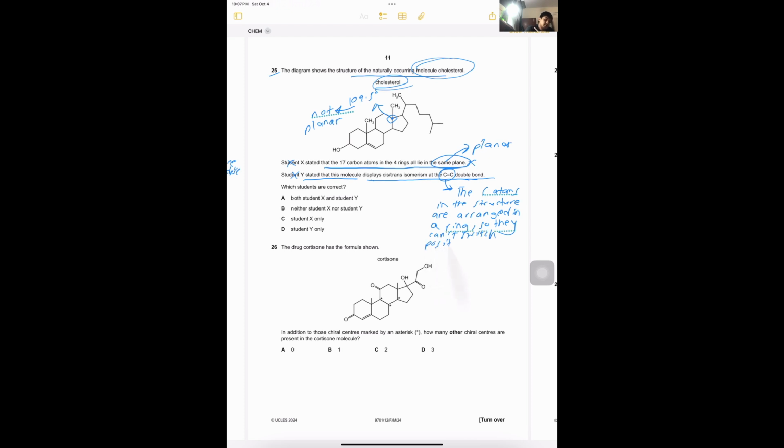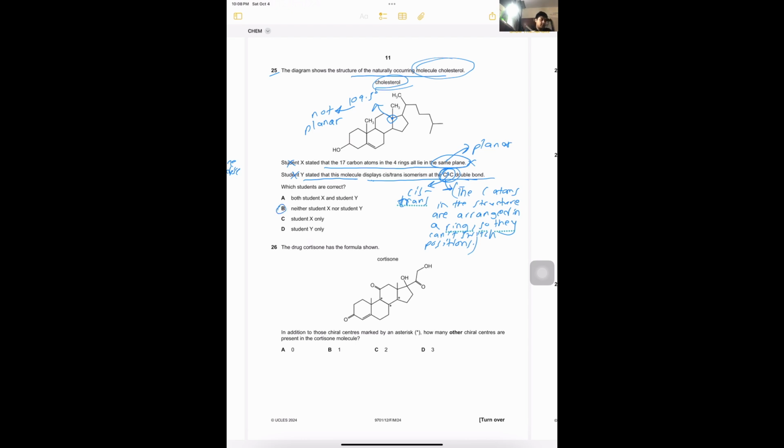So they're fixed in their positions. Even though there are double bonds, they cannot rearrange themselves for cis-trans. Remember this theory, this is one theory you might need in more than this question, that in ring structure carbon atoms cannot move. So both are wrong, so I would go with answer B.